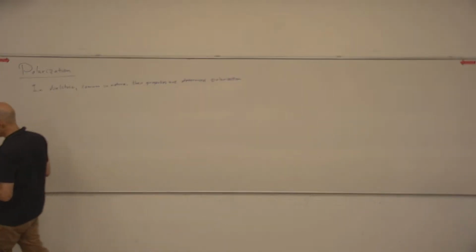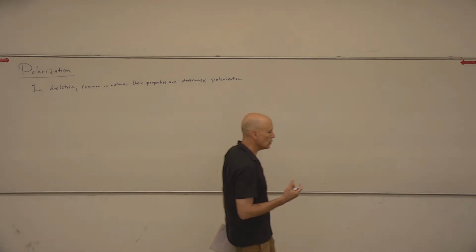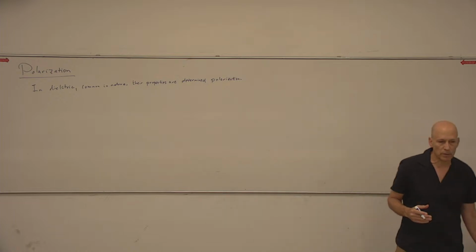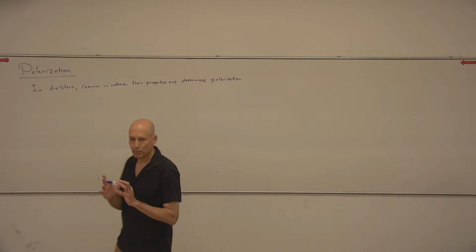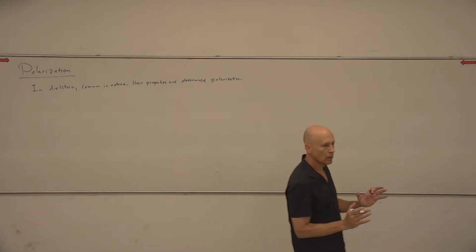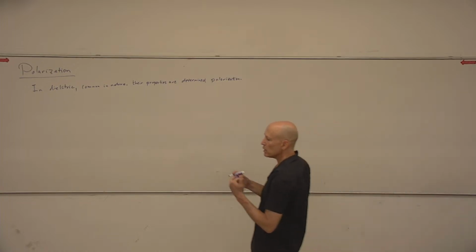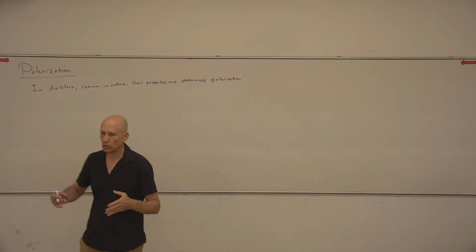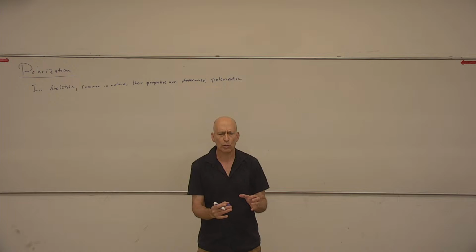So I want to explain this, but to understand polarization, there are two ways to look at it. One of them is more or less microscopical, and the correct way to treat these things microscopically is actually with quantum mechanics in many cases. And the other way is macroscopically. To get some physical intuition, you need to think about it at the beginning, at least this is my point of view, from a microscopical point of view.